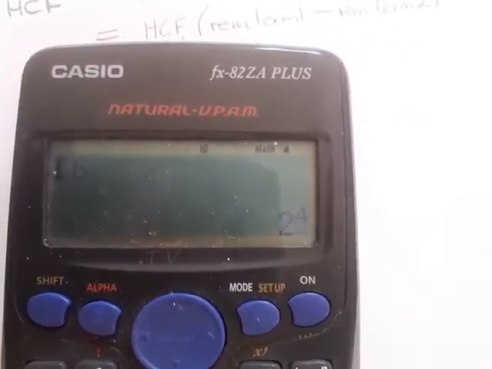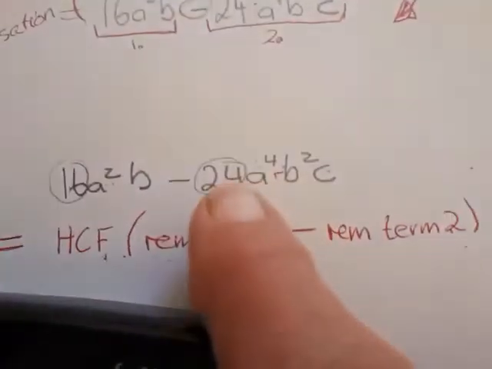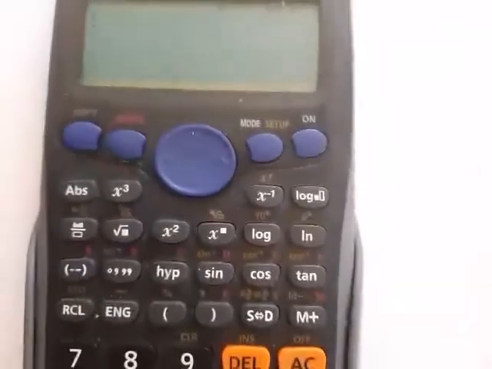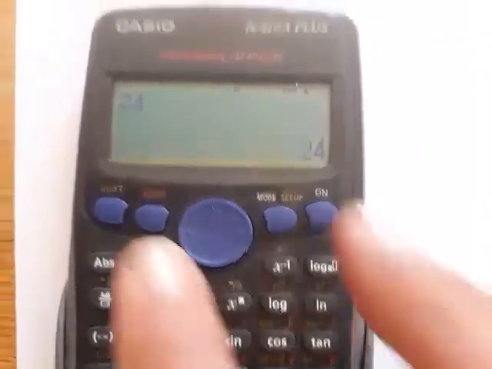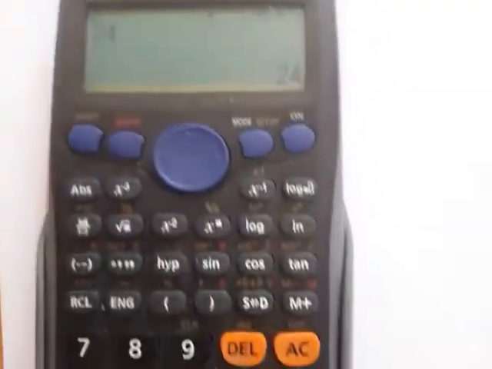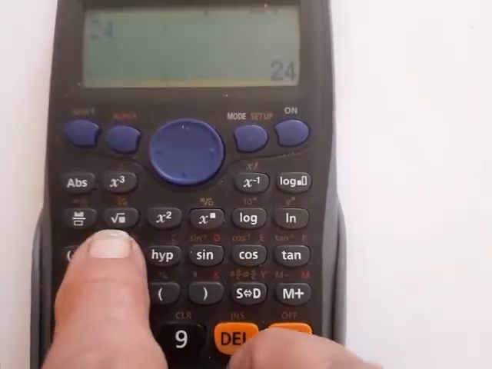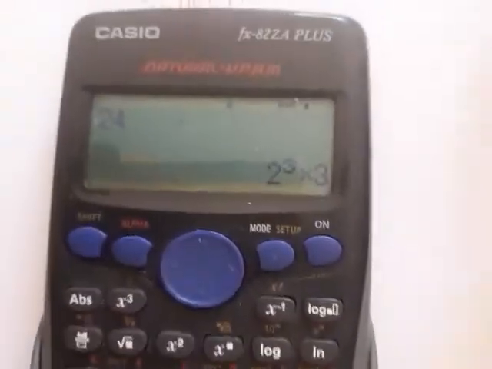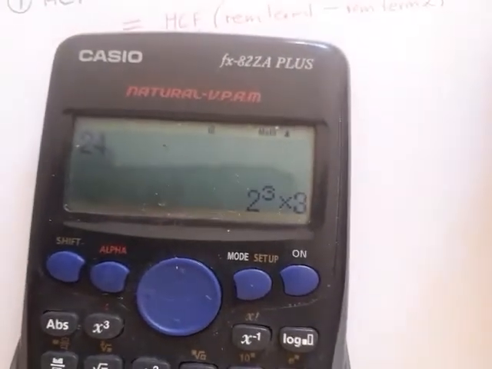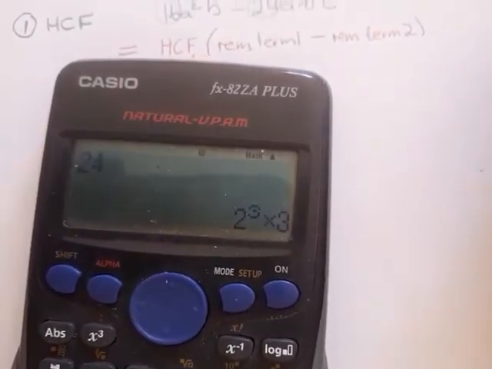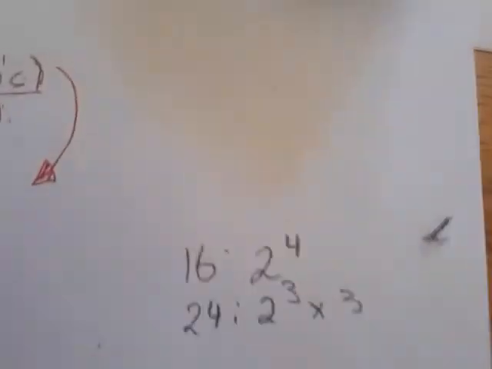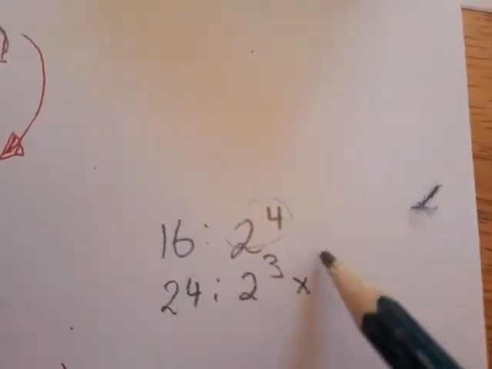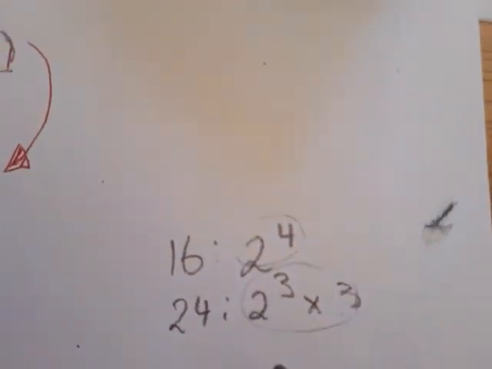Then you do the same with the second number. The second number is 24. So put 24 in, press equals, then press shift, then press fact. And that gives you 2 to the power of 3 times 3. So this is now the factorization of the two numbers.